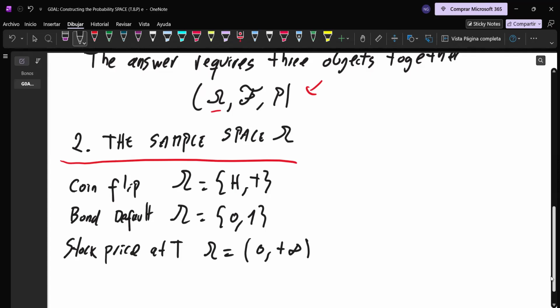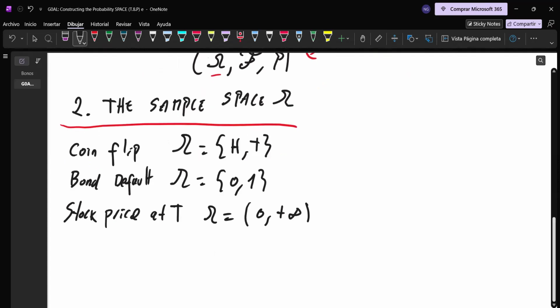And we say, well, the elements of capital omega are omega 1, omega 2, up to omega n, and these are the sample points or elementary outcomes. But this is the sample space.